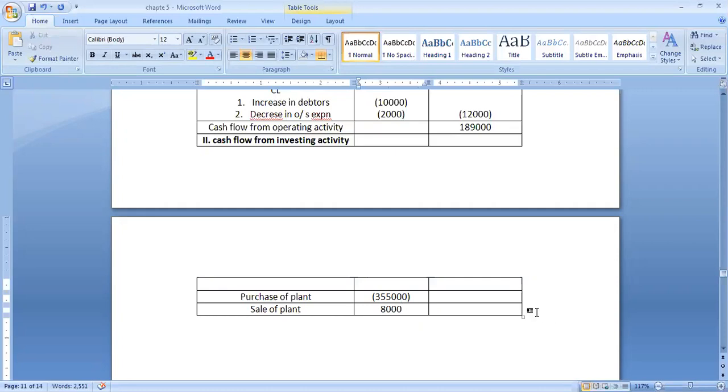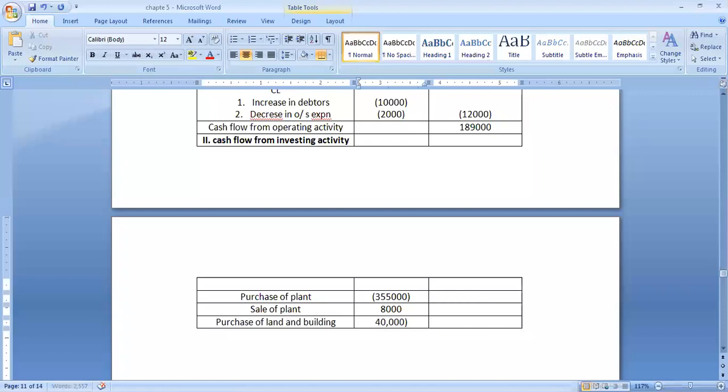Sale of plant is indicating the inflow of cash, and there is also one more asset which is given, purchase of land. As we have not prepared it, you need to prepare it, and indicate it for investing activity. Purchase of land and building is 40,000.